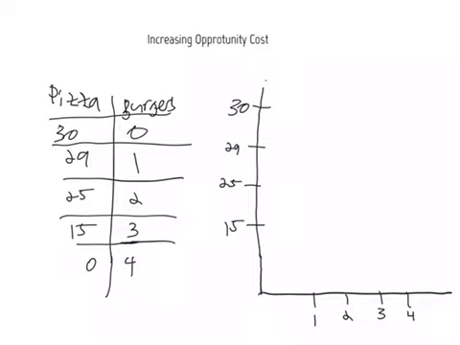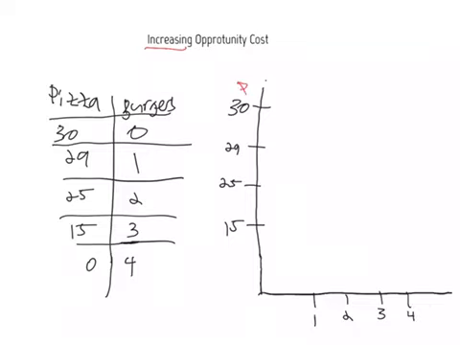Alright, so in this example, we will be talking about increasing opportunity cost. It is pretty similar to the last example. First, you need to make a graph, and then you label both the x and the y-axis. So for the y-axis, we're going to use pizza.